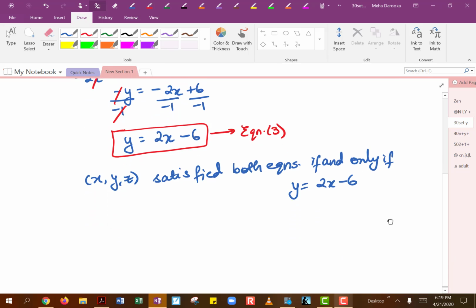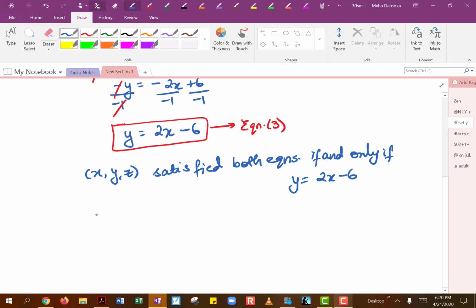Okay, so now as I was saying, we'll need to substitute this into our equation 1 to find what the z value is going to be.